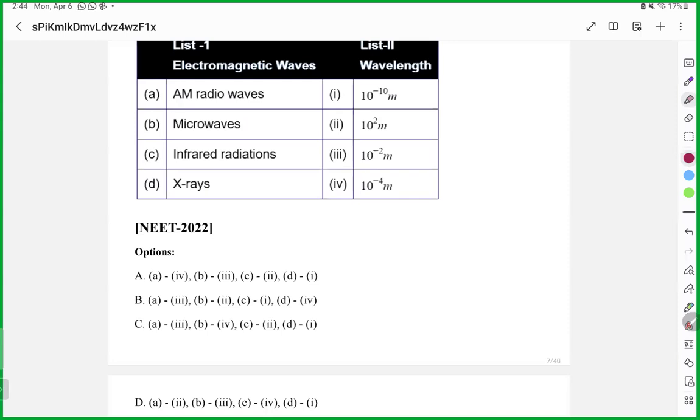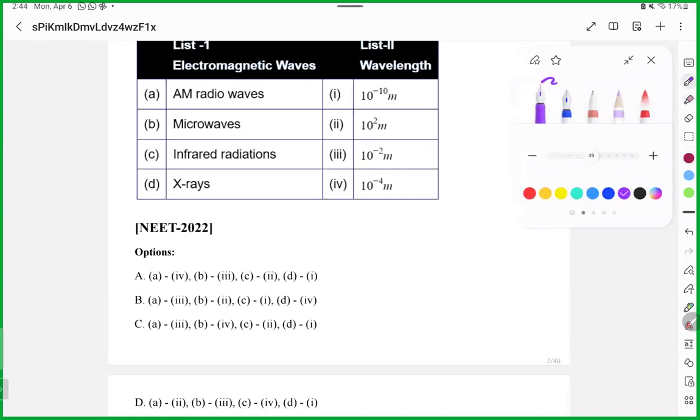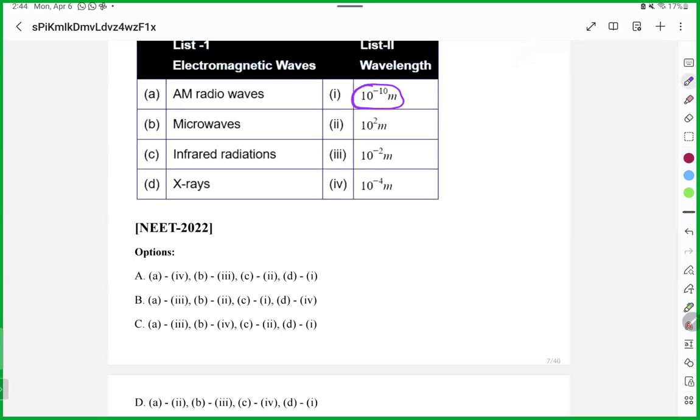After that, radio waves will be the largest, so that will be 10 raised to the power of 2. So X-ray should be the minimum wavelength, so option A should be 2, and option D should be 1. Option D, done. If you try to memorize the numbers, you cannot solve this. But if you correlate by comparison, minimum for X-ray, maximum for radio wave, done.